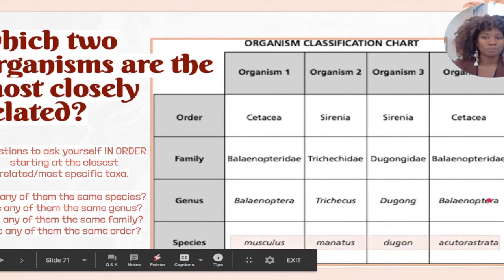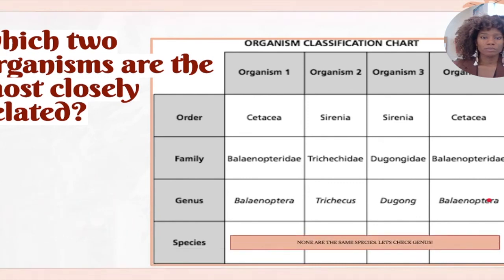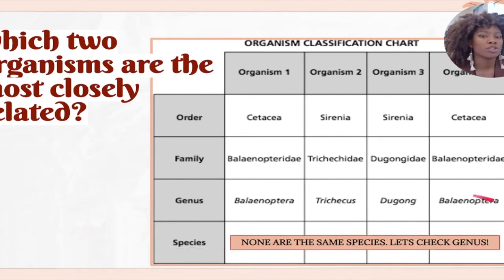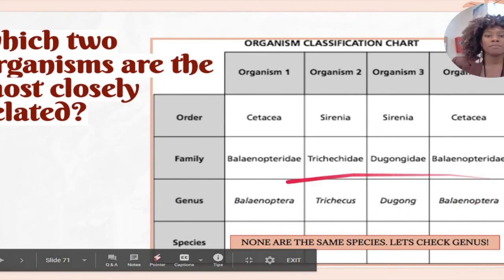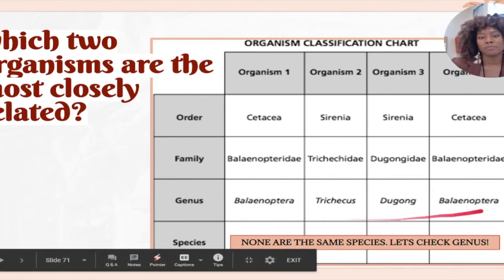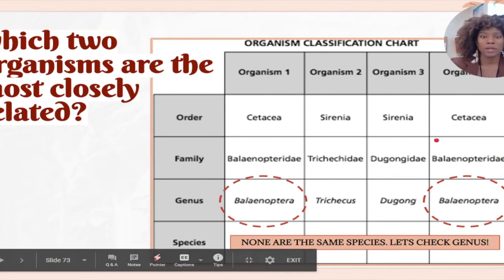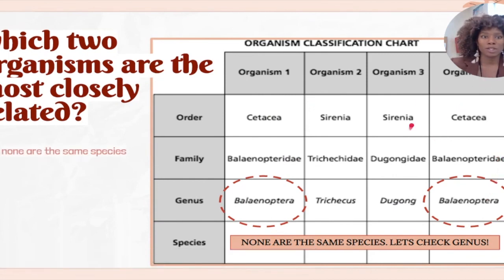No. So none of the same species, so let's go up a level and see about the genus. Are any of these the same genus? Yes, these 2. So these 2 have the same genus, so they're going to be the most closely related to each other, organism 1 and organism 4.